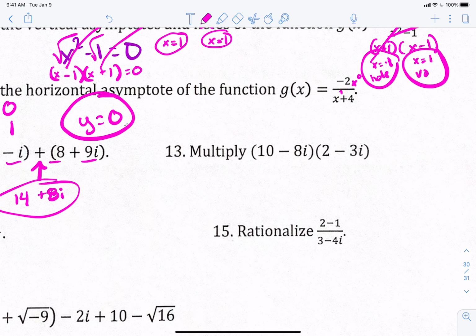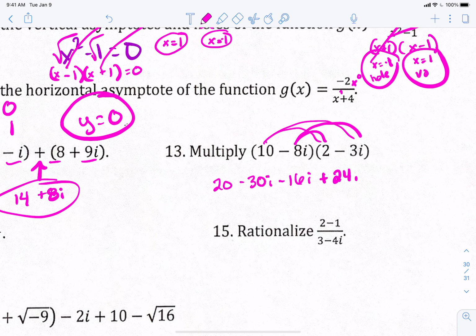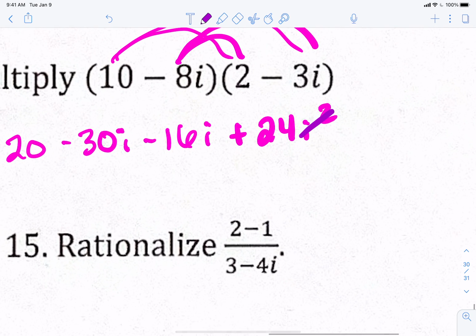Now you FOIL, number 13. 10 and 2 is 20. 10 and negative 3i is minus 30i. Negative 8i and 2 is negative 16i. What's negative 8i times negative 3i? 24i squared. Okay, now we're going to simplify and put stuff together. The first thing I would fix is the i squared is negative 1, so that becomes negative 24, right? 24 times negative 1 is negative 24.